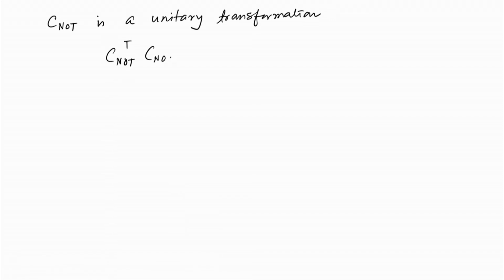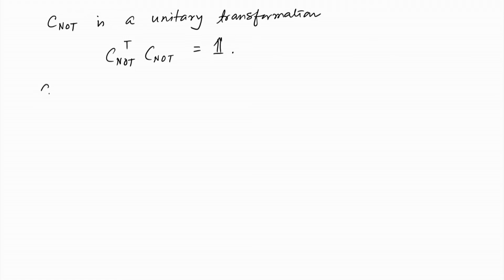one can check that C0 is a unitary transformation by checking that C0 transpose times C0 is equal to an identity matrix. Okay.